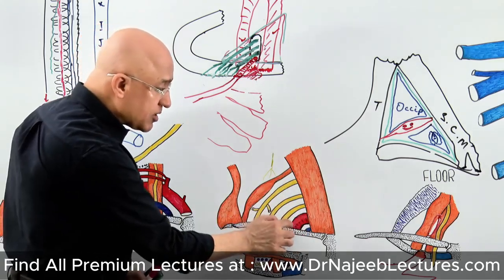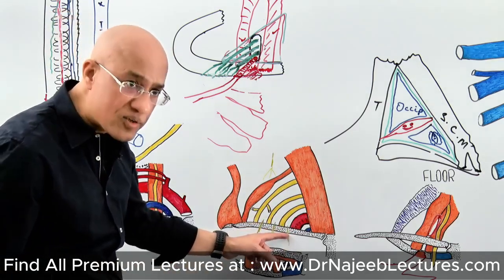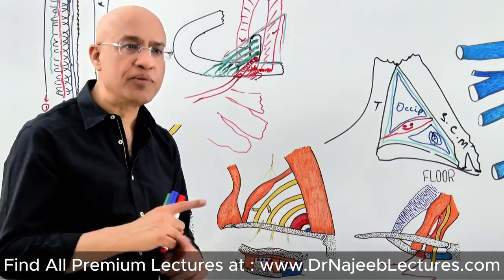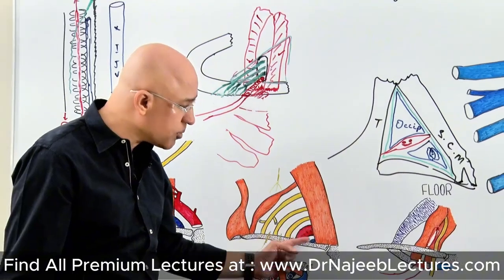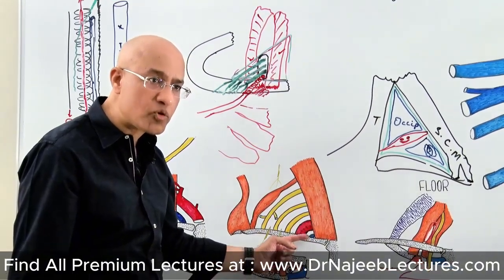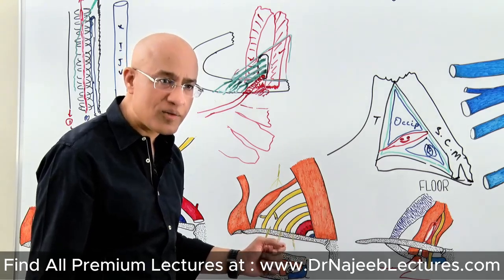But the subclavian triangle is called subclavian because of the subclavian artery, not because of the subclavian vein, because the vein may or may not be present, because the vein is the lowermost component. Sometimes it is so much lower that it is dumped below the triangle, right?